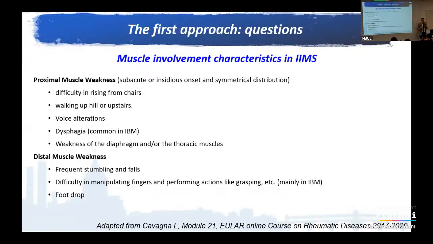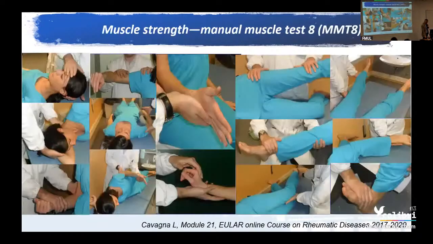Muscle involvement is typically more common in myositis in proximal muscles. We may have also involvement of distal muscle, but it is less intense with respect to proximal muscle. If we have a predominance of distal involvement, we should think of a possible inclusion body myositis. We should assess the strength of this patient through the MMT8 that is reported here.